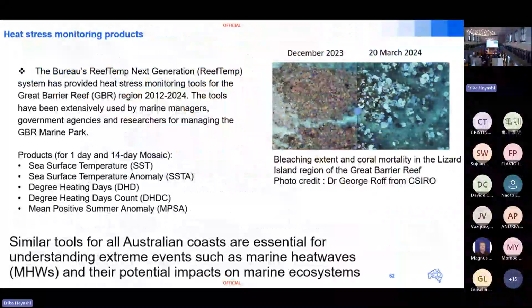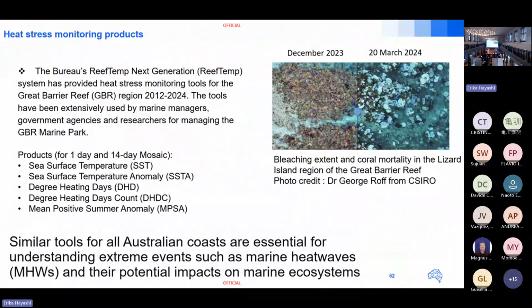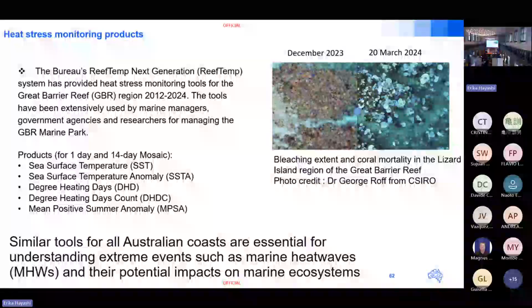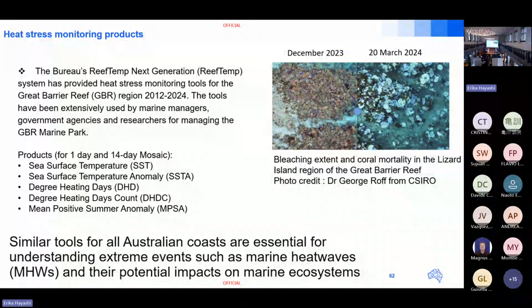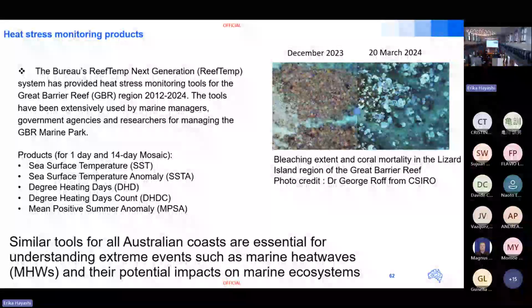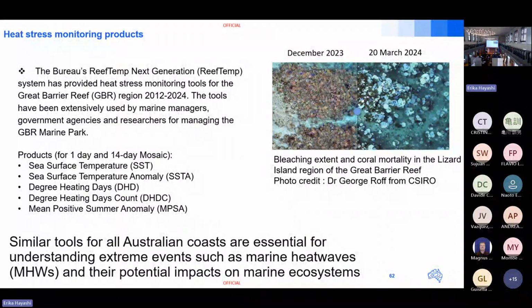Having that better data coverage, the Bureau ran a Reef Temp Next Gen service. We called it ReefTemp since 2012, and last year we stopped it at the Bureau. For the Great Barrier Reef region, we were producing heat risk monitoring metrics.